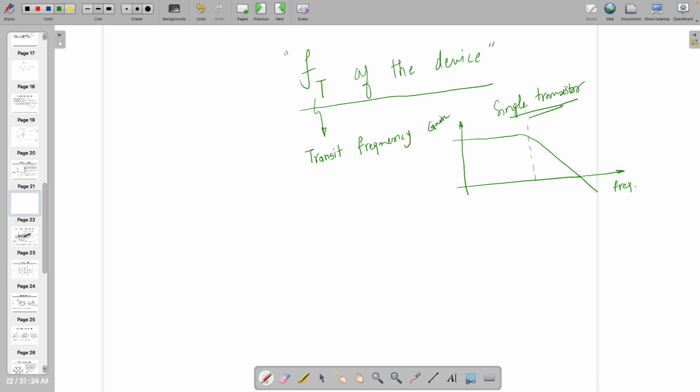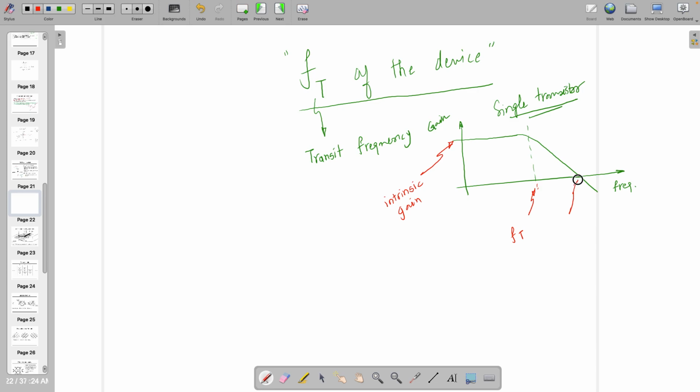So its own gain is known as the intrinsic gain. And this particular frequency is known as FT.